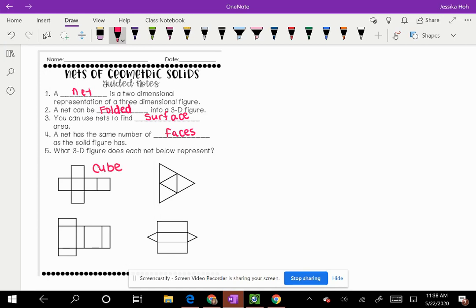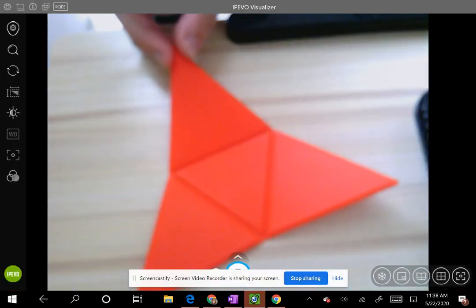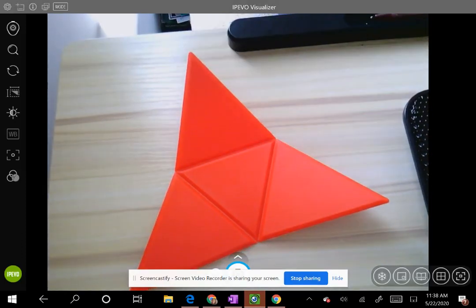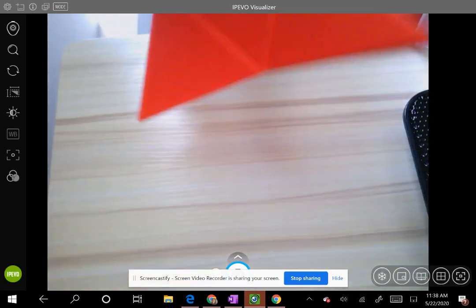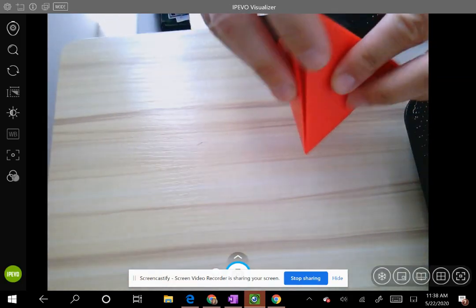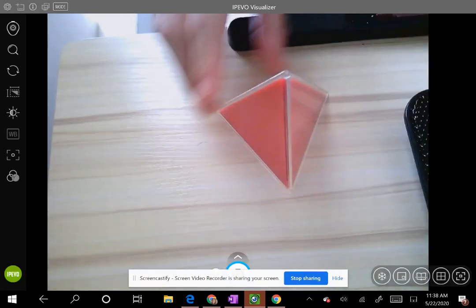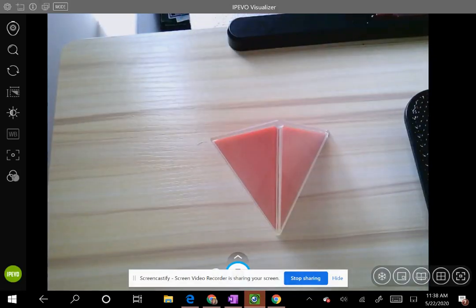The second one I have, if I fold that one up, I would have a triangular pyramid.